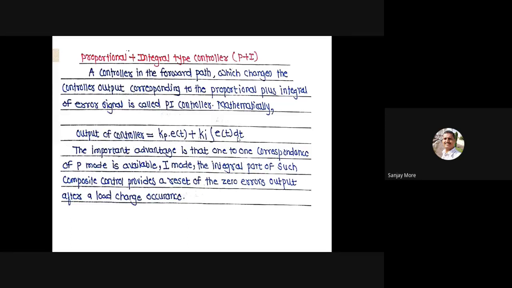Write down the mathematical expression. Output of controller is equal to Kp, constant of proportional, into E of t, means error, plus Ki, constant of integration, integral of E of t dt.